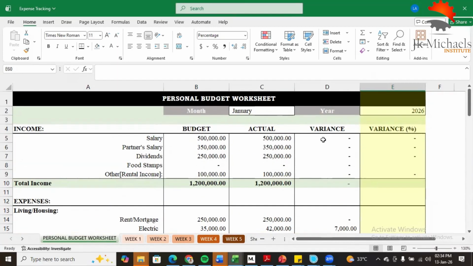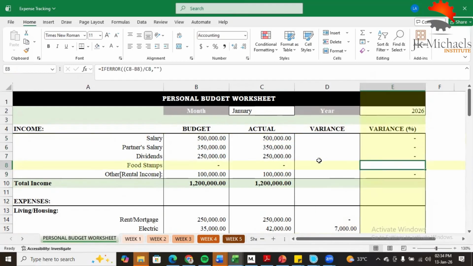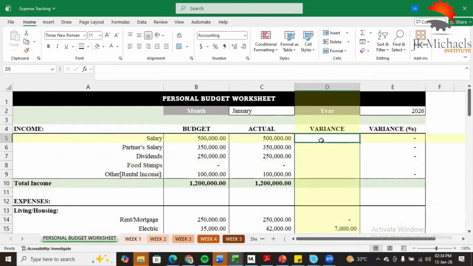All right, so variance actually means budget minus actual, which is B minus A, right? And then you can see our budget minus our actual being 0.